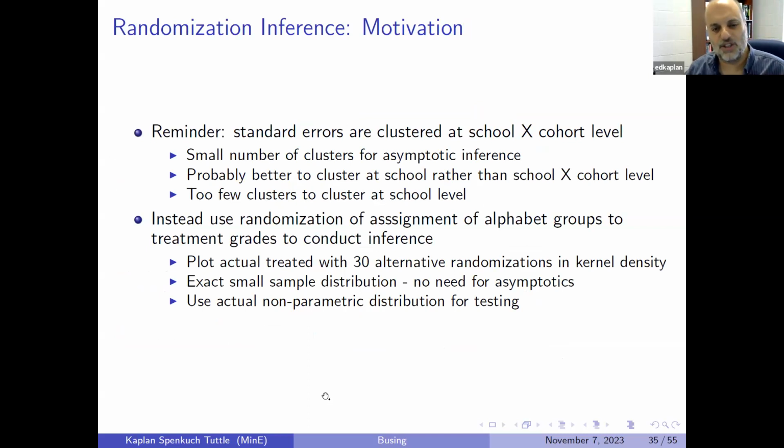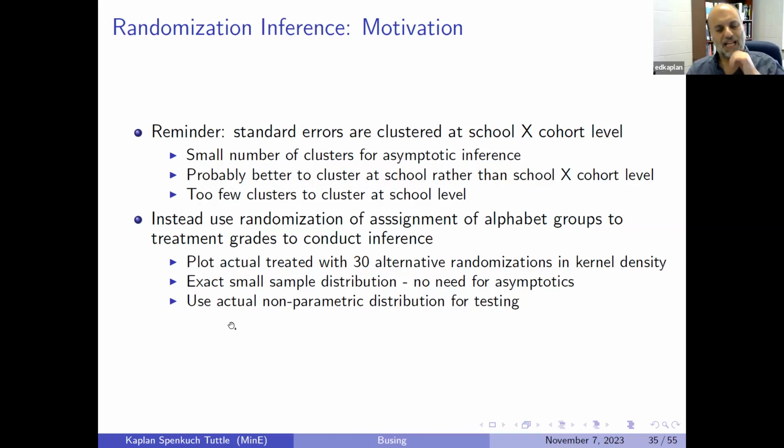So instead, we're going to use randomization inference, and this has a few nice properties. The main thing is it allows us to not rely on asymptotics, but rather to use the small sample distribution. Second, it allows us to use the non-parametric distribution for testing, as I will show you in a minute.